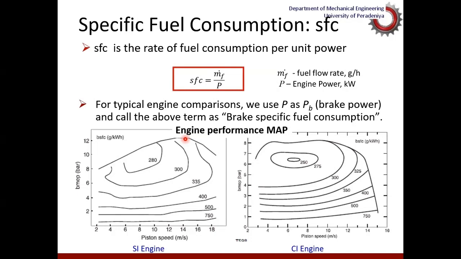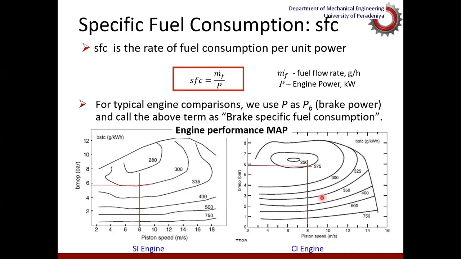If you look at a particular operating point, like a piston speed of about 8 meters a second, this is mean piston speed rather, and the brake mean effective pressure that you are taking out from the engine is a little less than 6, then this gasoline engine consumes about 300 grams of fuel to produce 1 kilowatt hour.